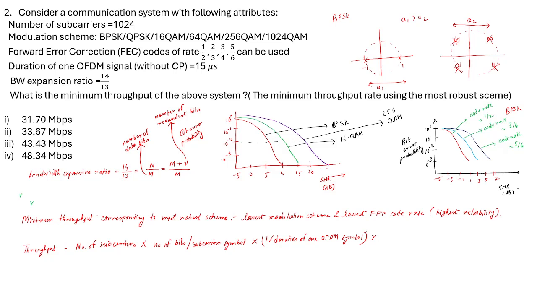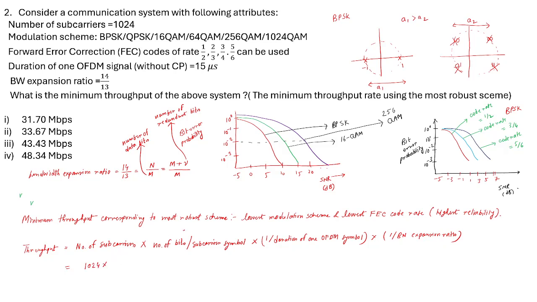Your actual data transmission bandwidth is less than that, a fraction of that, which is the inverse of bandwidth expansion ratio. So we need to multiply with 1 over bandwidth expansion ratio.